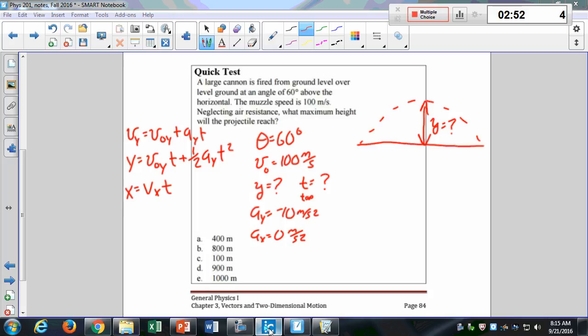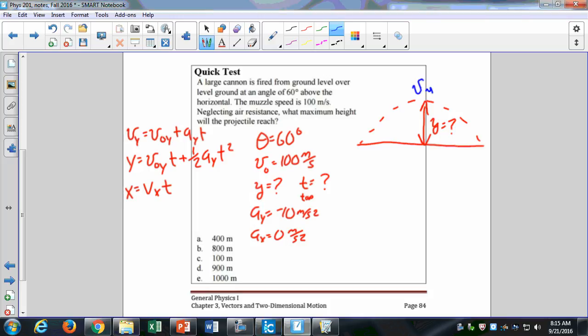Remember, to find the time at the top, you're going to use the information that we have that's not stated, which is that the velocity in the y direction at the top is equal to 0. With that, you can determine the time at the top of the trajectory. Once you get the time, it's fairly straightforward to figure out the y position at that time. Don't forget that you'll need to figure out your y component and x component of your initial velocity. Y component is v naught sine theta.